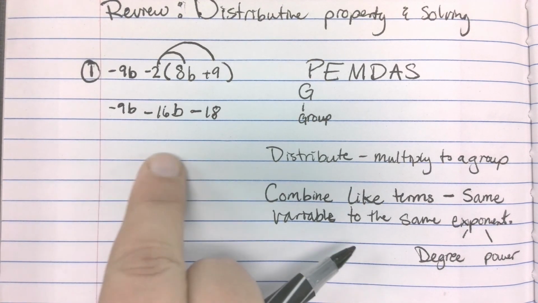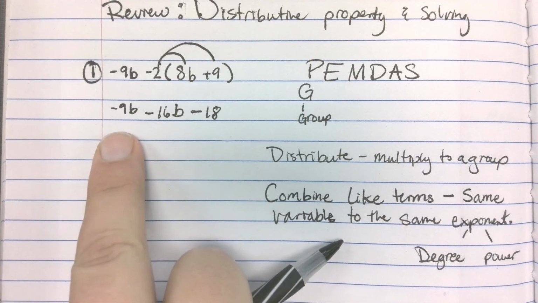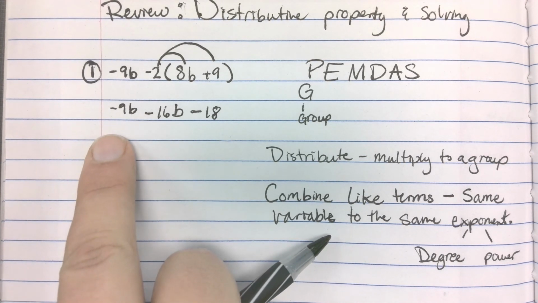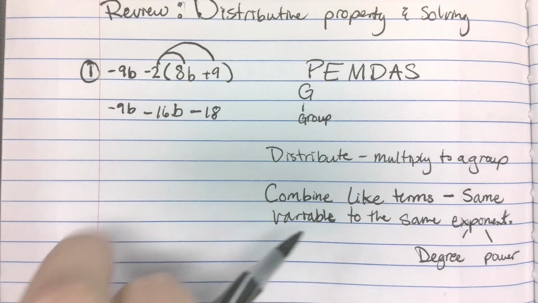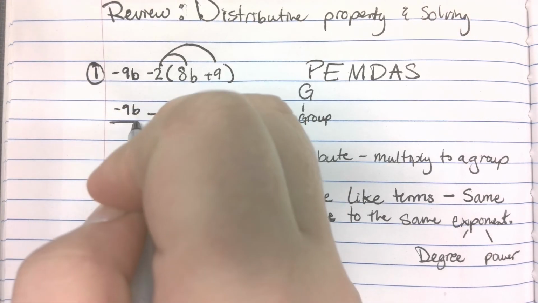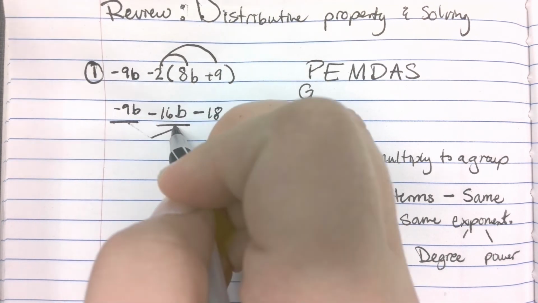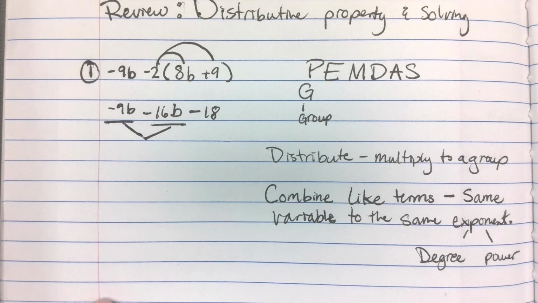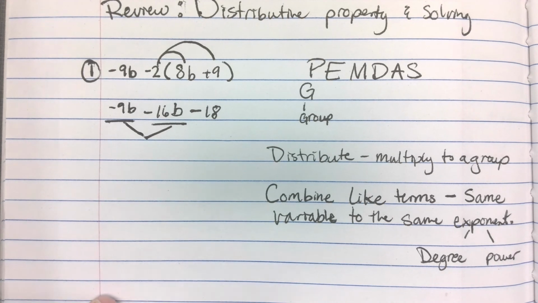So what can go together? What has the same variable? Negative 9b, negative 16b. Those two can go together. Am I going the same direction or different directions? The same.